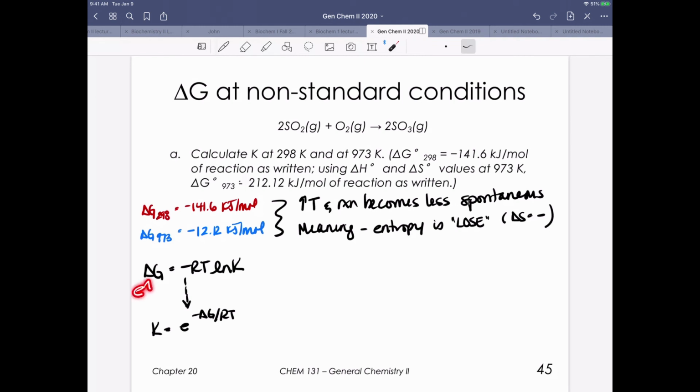But we need to take e to the both sides in order to isolate our K. Okay, so that's going to allow us to get K is equal to e to the minus delta G over RT. So we're going to solve for minus delta G over RT, take e to that, and then that'll get us to K. So try working through that on your own. See if you can get those values, okay? And then continue playing the video to check your work.